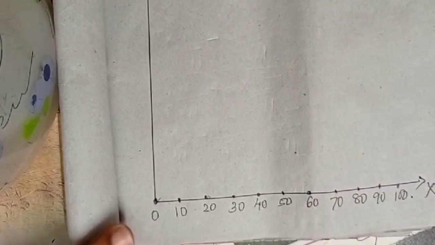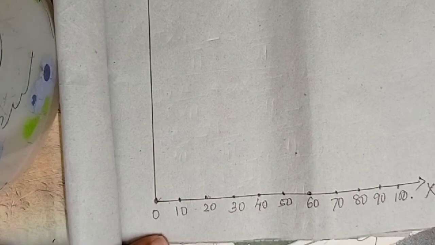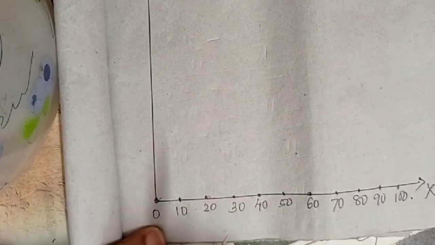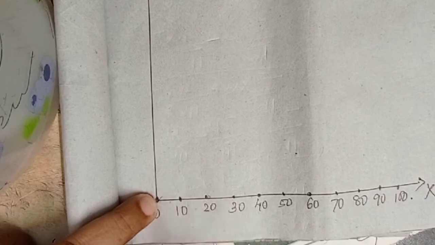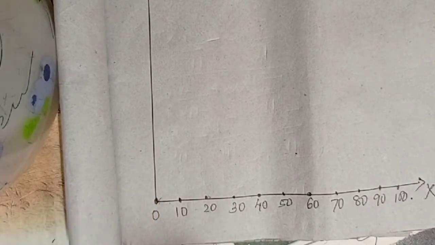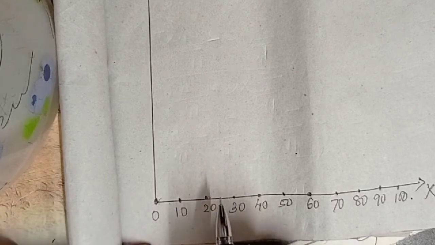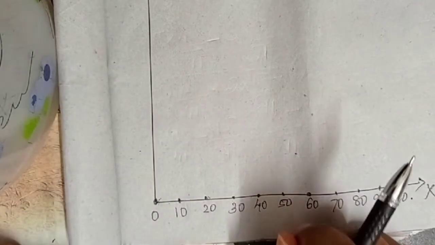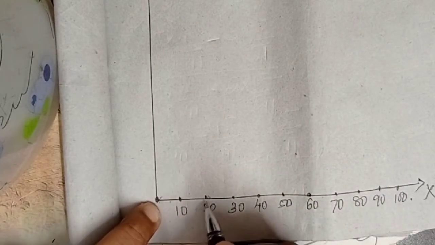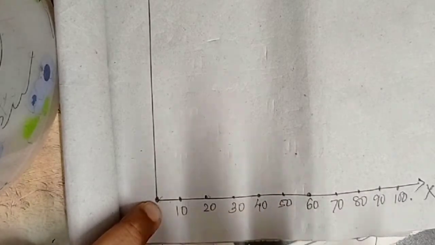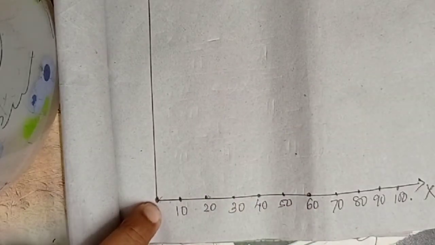Very good, equal width. Then only you will get the correct answer. Take 1 centimeter width; actually 2 centimeter means in between you leave one point also. In the exam hall, you will be provided a big graph paper. That means 0 here, then 2 centimeter. Actually, the width is 2 centimeter in that graph book.